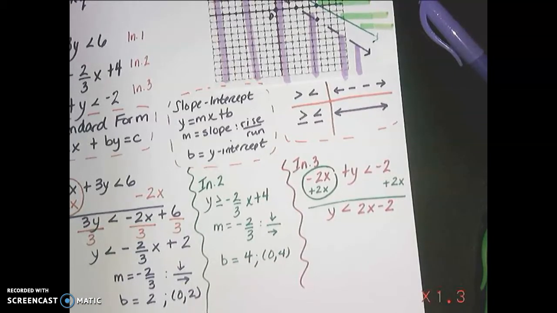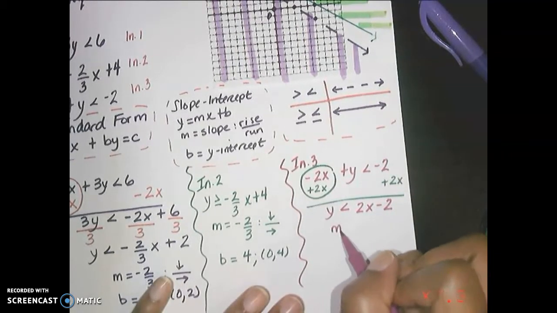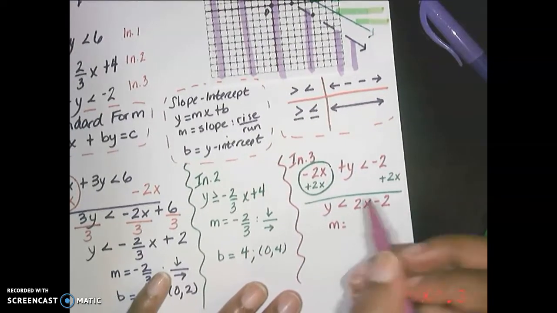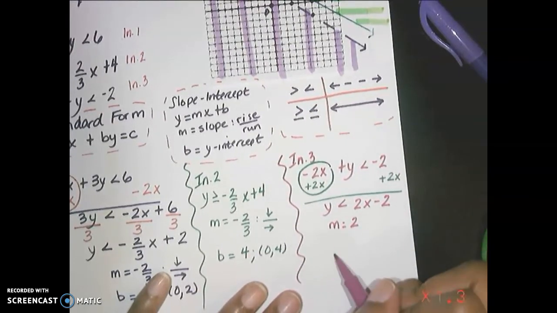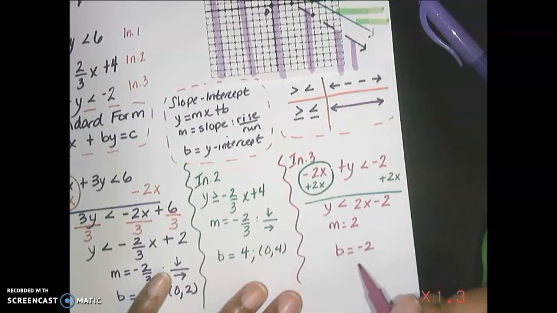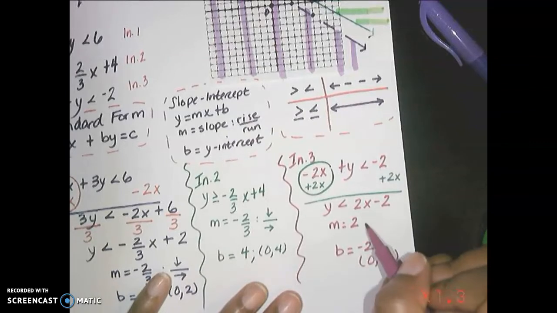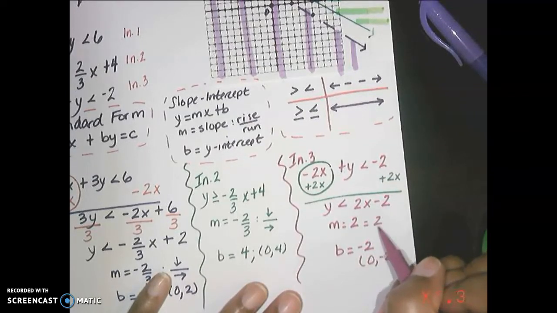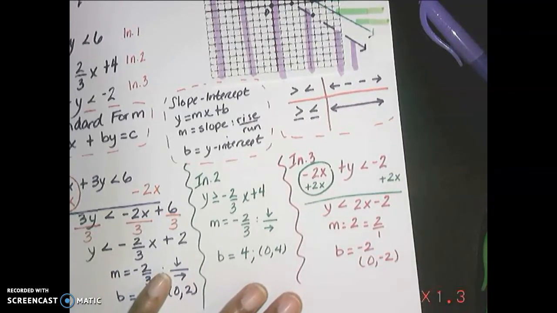Next you have to identify your slope and your y-intercept. Our slope is the coefficient in front of x. We have a 2, and our y-intercept is a negative 2, meaning we'll have a point at (0, -2). For our slope, we can also write 2 as 2 over 1, because 2 divided by 1 is 2.